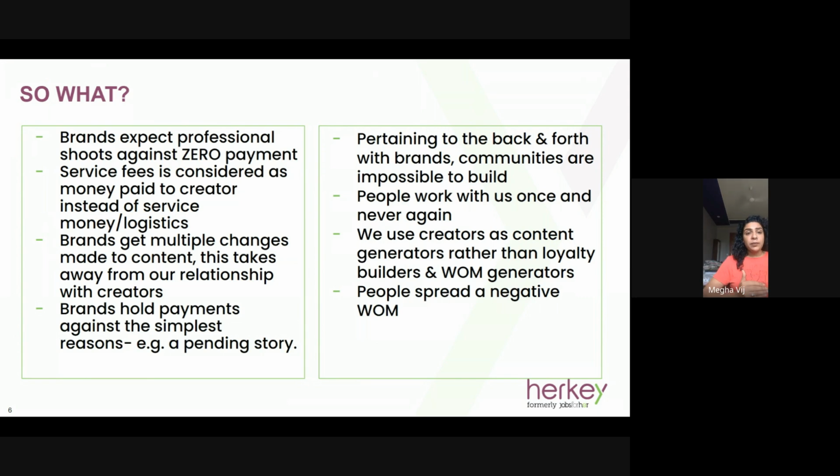But this impossible task of getting high quality influencers who should not ideally be doing anything for free or on barter, their expectation became that we won't pay you, we won't pay the influencer, but we want very high quality content. Ideally, the kind of content which is the likes of a photo shoot or a professional photo shoot.